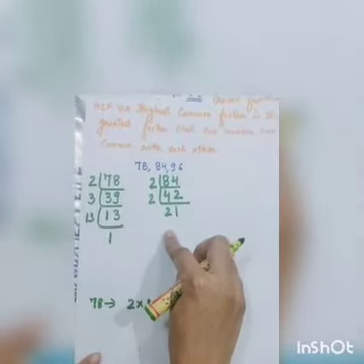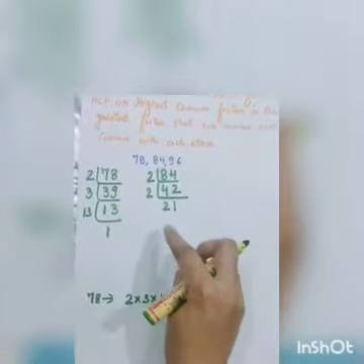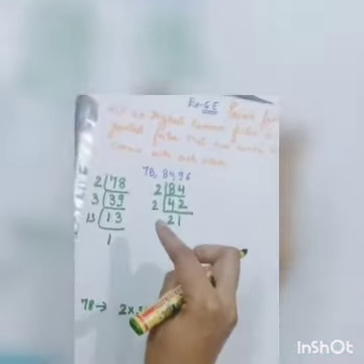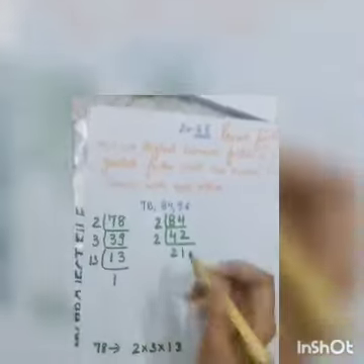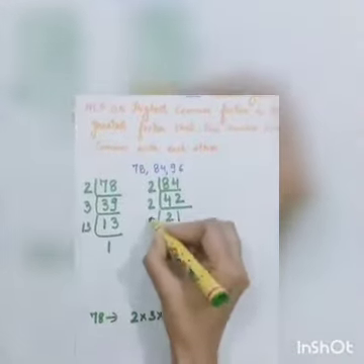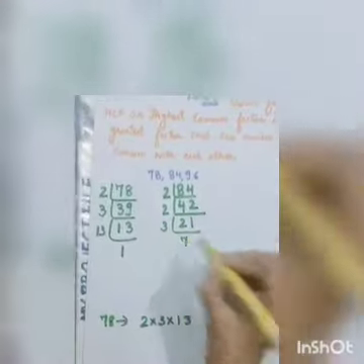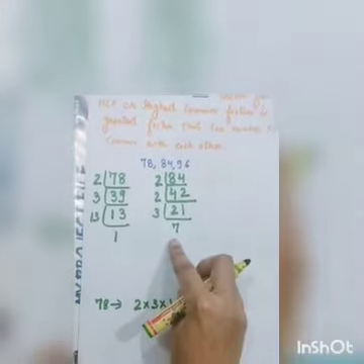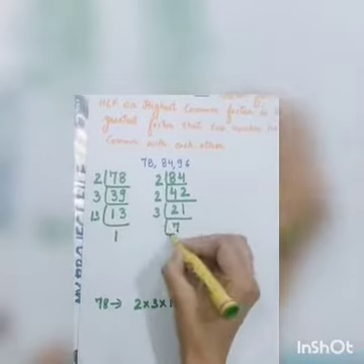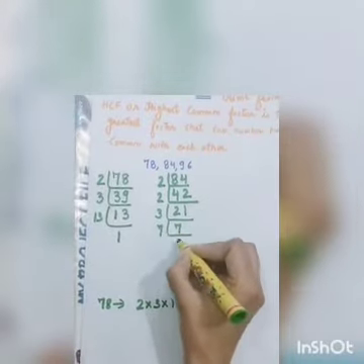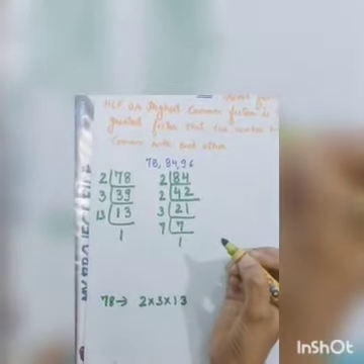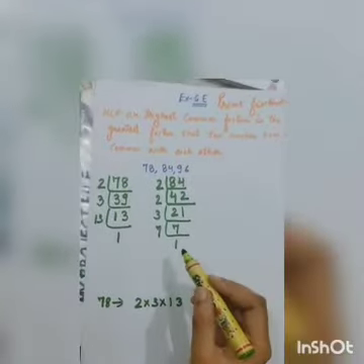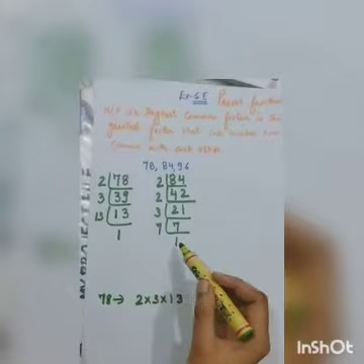21 divided by 2? No. Okay, I will check the next prime factor, which is 3. So I will take 3. 3 7s are 21. And next is 7. 7 is a prime number, so 7 divided by 7, because a prime number is divisible by 1 and itself.